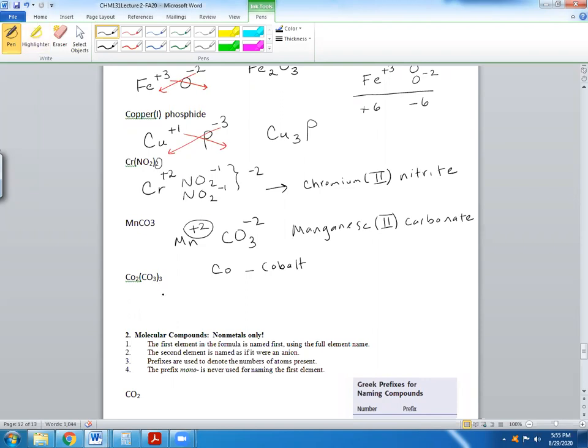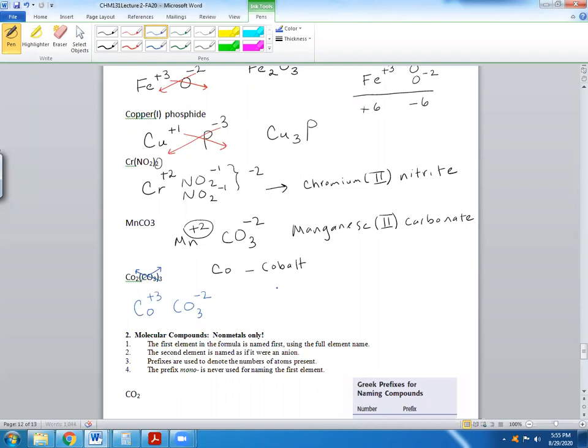So we have Co2(CO3)3. Now, there's a quick way of doing this as well. You can use the quick way. You can do what we call the uncrossing of the charge. You take that 2 right here, put it in the upper right-hand corner of the CO3, and you take that 3, you place it again in the upper right-hand corner of Co, of cobalt. So it would become like this, Co plus 3, and then CO3 minus 2.